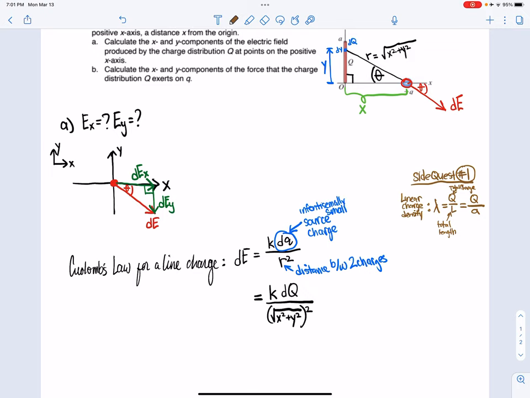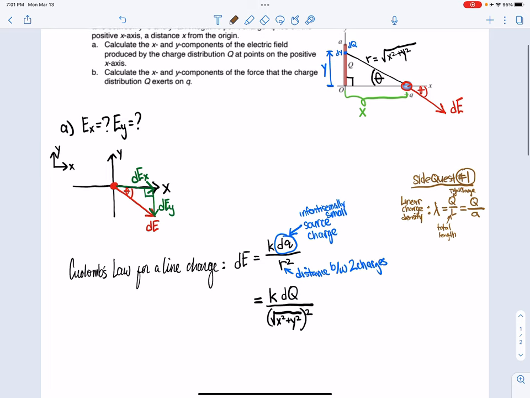Okay. And so if we look at our infinitesimally small source charge, dq, even though this is a small piece of the total linear charge, this uniformly charged rod, even though this is just a small piece of it, the density doesn't change.